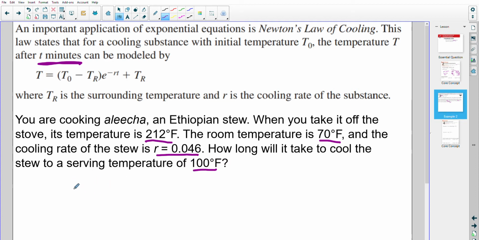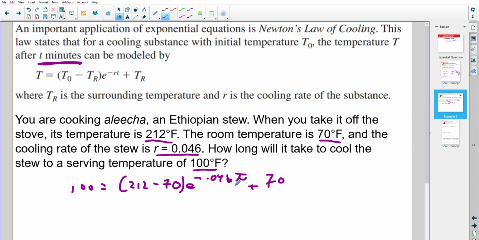So the ending is 100 equals the beginning temperature minus the room temperature, e to the negative 0.046 T. T is what we're trying to solve for, plus the room temperature, which is 70.